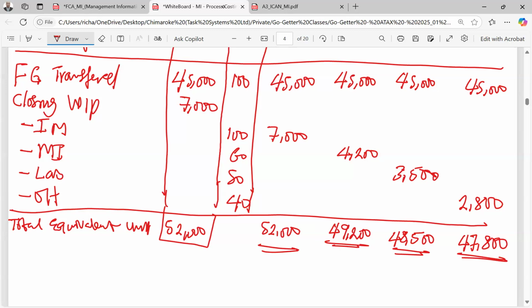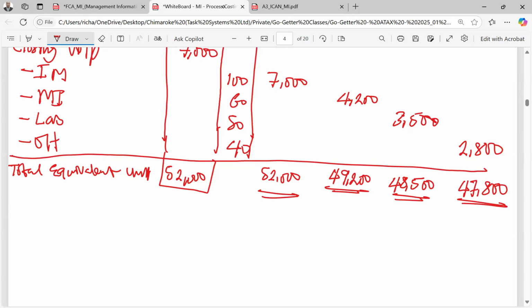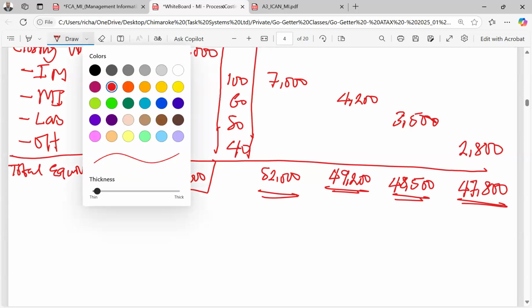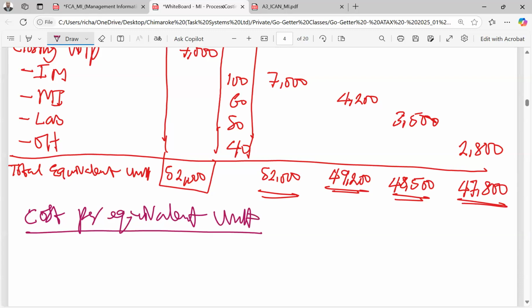Now the second step will be cost per equivalent unit. Let me use another color. So what's our cost per equivalent unit? We'll use the same layout.